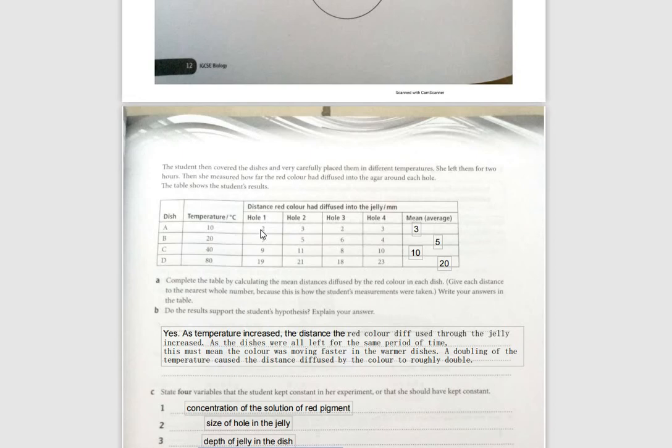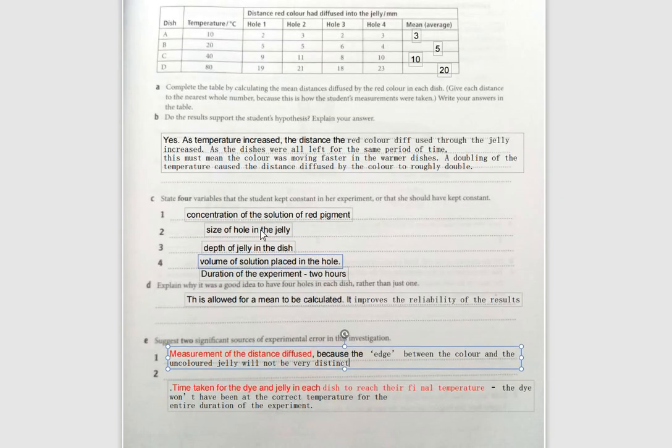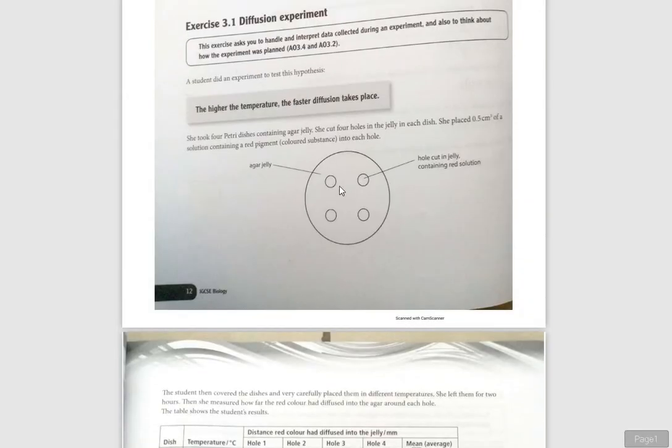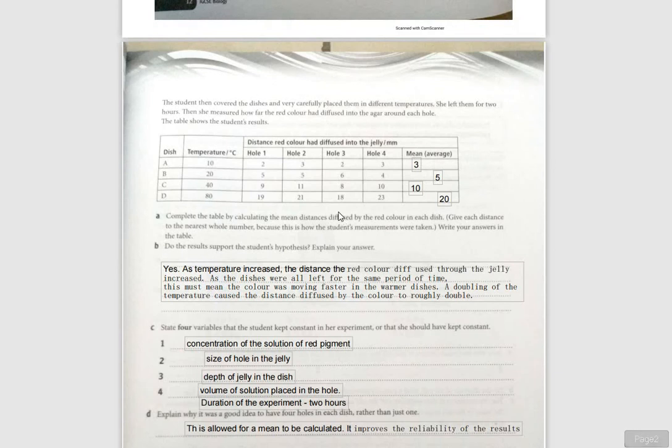although they mentioned over here how long the red pigment diffused, the edge between the hole and the red solution is an issue. Sometimes when you put the red solution, it could be a little bit around the outside edge of the hole. In one hole the red pigment could be fully inside the hole, while in some holes the red pigment may be slightly outside around the edge, so it's not that accurate.